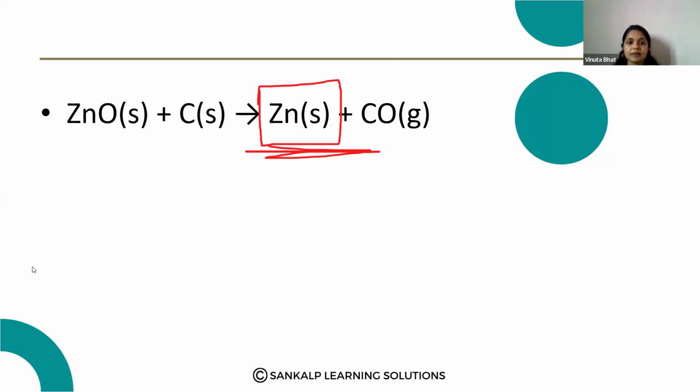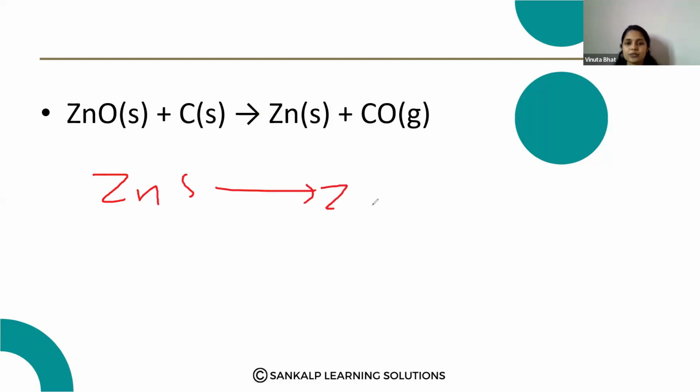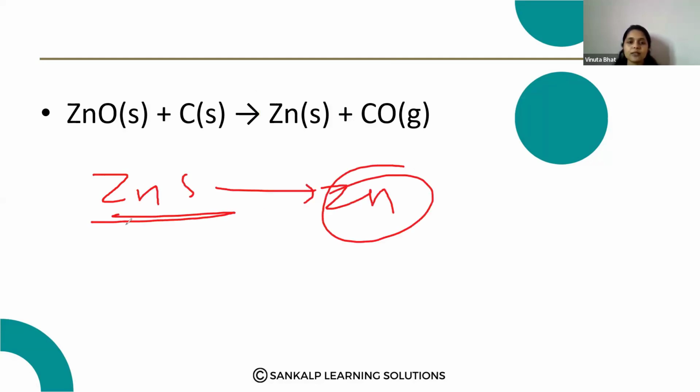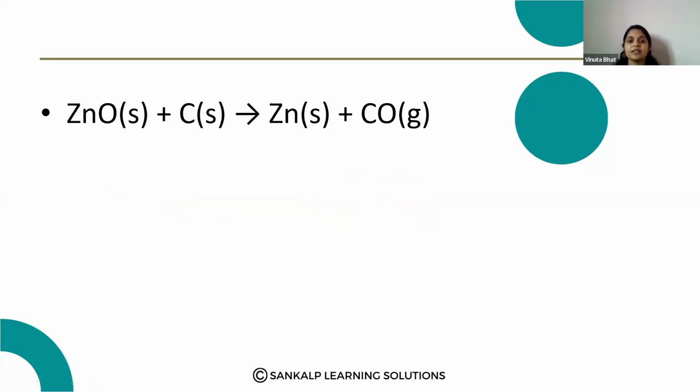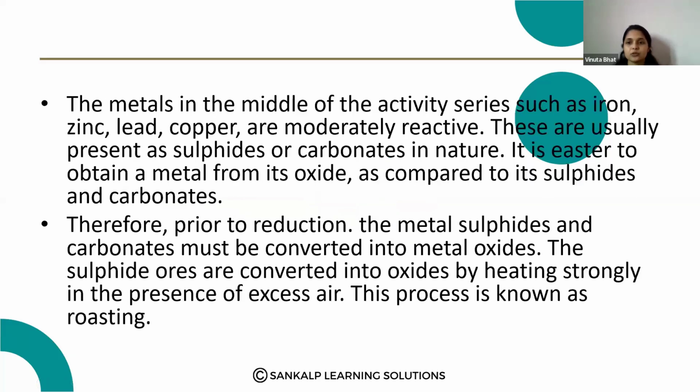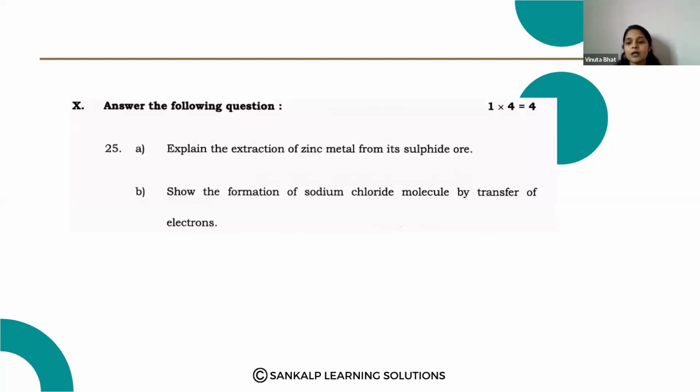So in this method, zinc sulfide is converted into zinc. Zinc is obtained from its ore. Okay, so this is the method used for the extraction of zinc.